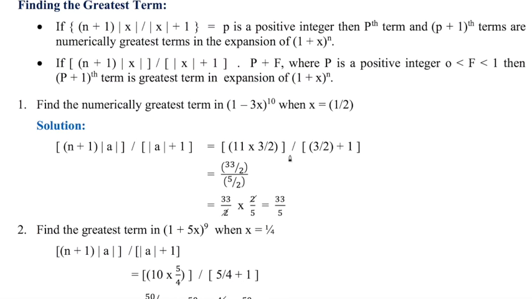Mod a is 3 by 2 divided by 3 by 2 plus 1, that is 33 by 5. 33 by 5 can be written as 6 plus a fraction. So p is 6. The 7th term is the greatest term.